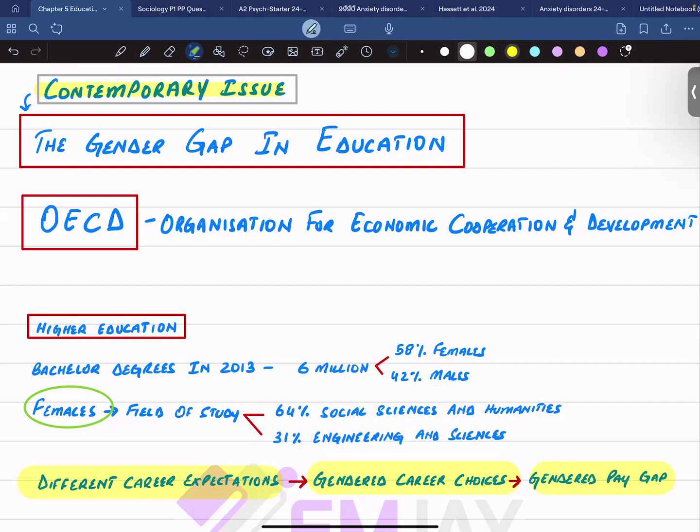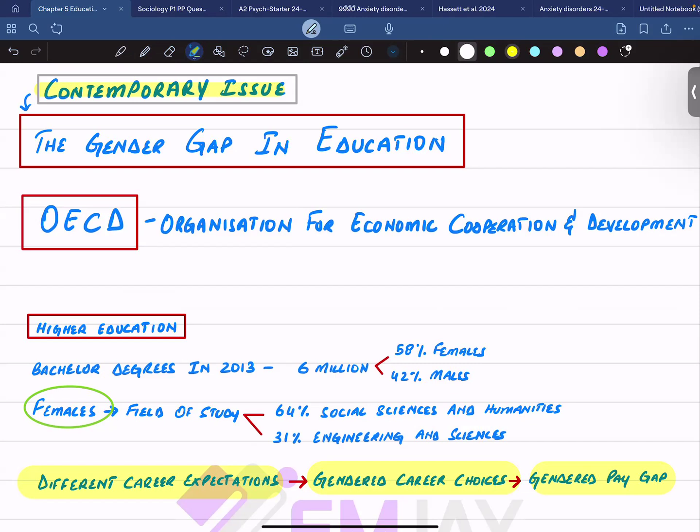Or in other words, if you are a male or a female, the subjects you choose today would probably be according to the career expectations you have. The career expectations you have would eventually help you make career choices, which consequently affect your pay, your socioeconomic status, your life chances, your power, prestige, privileges, and so on and so forth.